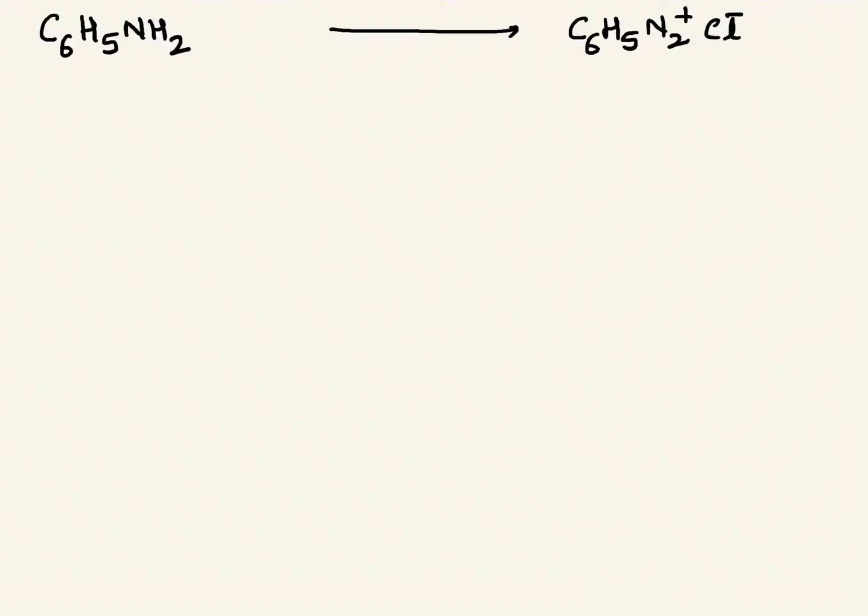Now, this benzene diazonium chloride further on, don't forget to write the conditions over here. We've done this reaction just now. It's very, very essential to write it as 0 to 5 degrees Celsius. That's ice cold temperature, right? Benzene diazonium chloride is then reacted with the tetrafluoroborate ions.